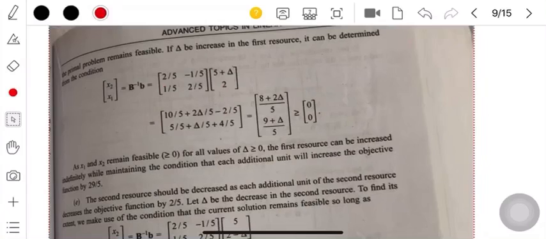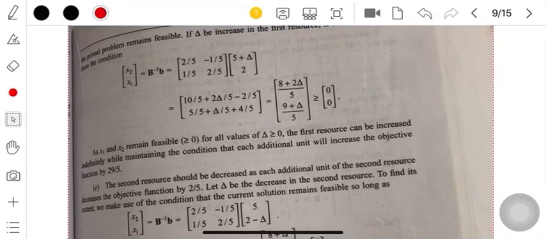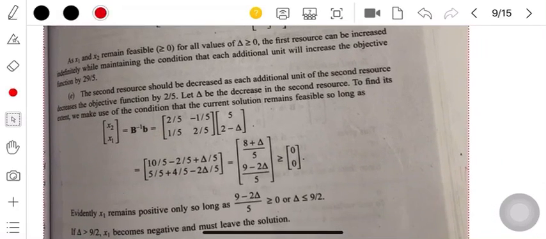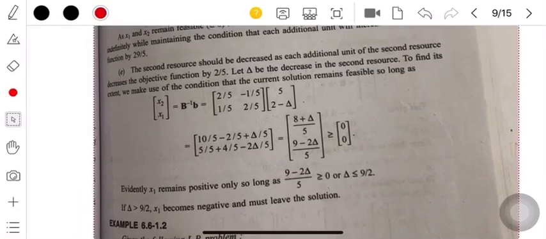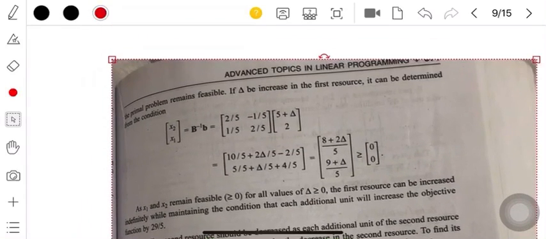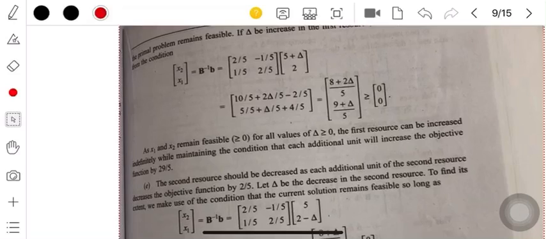Calculate the value of x2 and x1, b1 to b, in a similar manner. You can find it by calculating B inverse B, 2 by 5, minus. So let's say we are going to increase 5 by delta, first by delta, 5 plus delta and 2. So we have got the value, and we know that to become optimal feasible, this value should be positive.